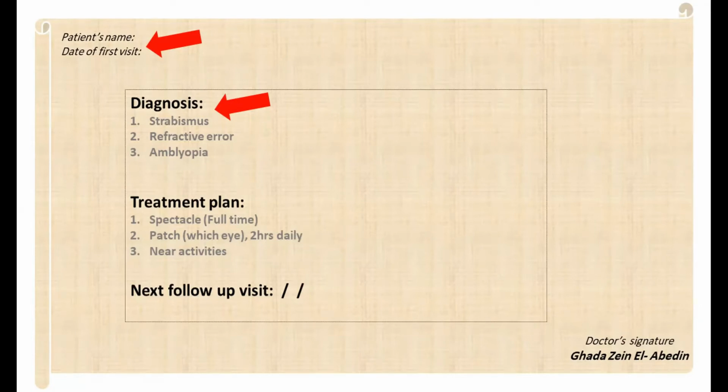I found in my practice that instead of telling the parents to come after 6 weeks or 2 months, it's better to specify the date of the next follow-up visit. It helps the parents' compliance in coming to see you again, and it helps avoid dropout in the follow-up of patients. And don't forget to add the signature at the end, and it should be clear.